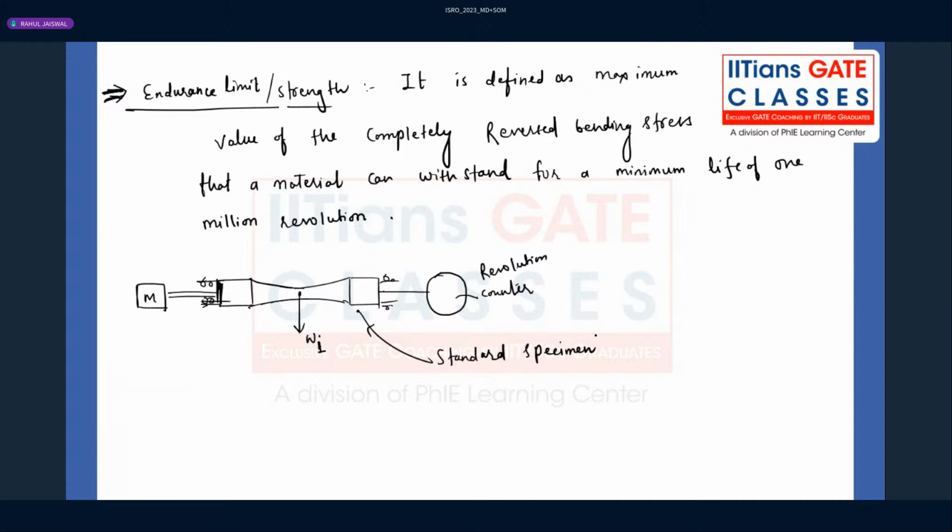And certain dimensions he took. The total length he considered from here to here. The length of that specimen was 87.5 mm, and the radius he got was 25 mm.